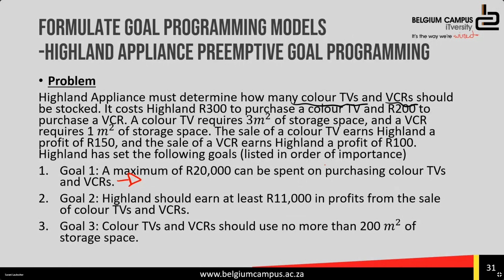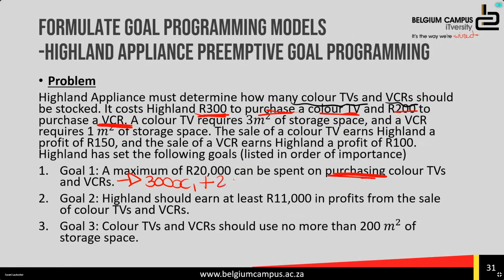In terms of X1 and X2, purchasing is 300 for X1, because that's color TVs. So the coefficient for X1 is 300. What's the coefficient for X2? VCRs, 200.